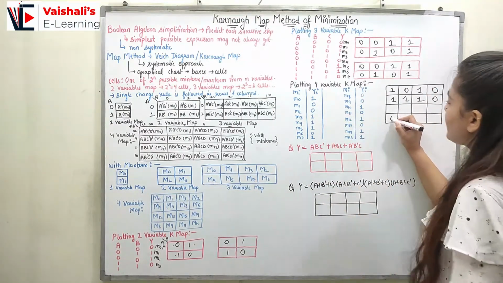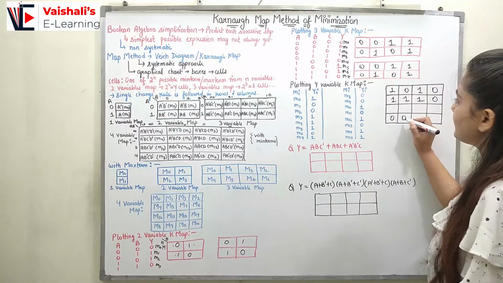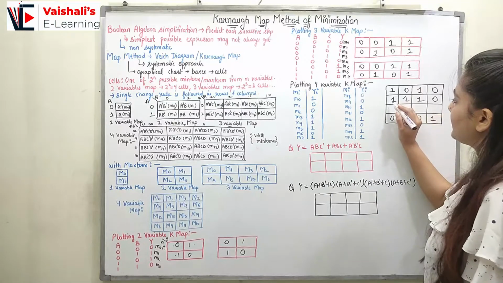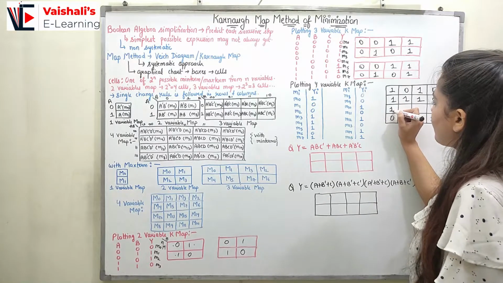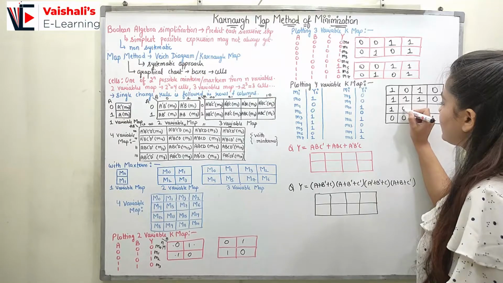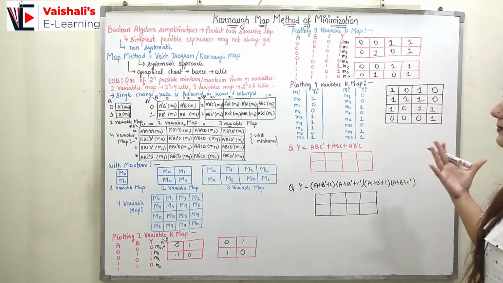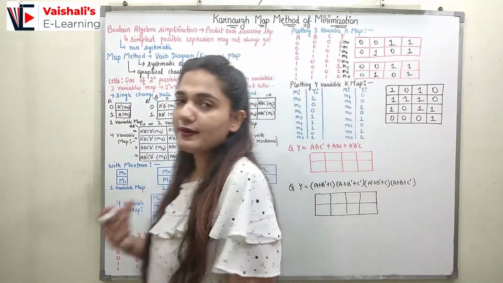Now coming to m8, which is 0, m9 which is 0, m10 is 1, and m11 is 0. Now m12 is 1, m13 is 0, m14 is 1, and m15 is 1. In this manner we can plot the four variable K map.